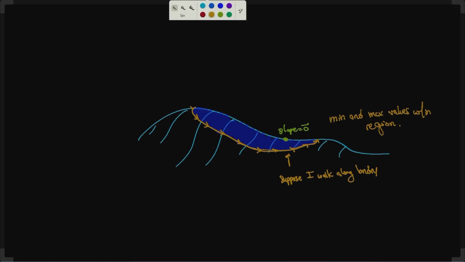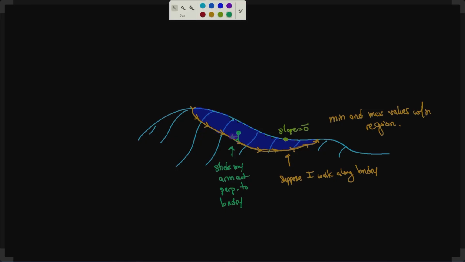And suppose I stick my arm straight out, perpendicular to the boundary. As I'm walking along the boundary, there are going to be a couple specific locations in which my arm, which I am pointing outwards, is pointing exactly in the same direction as the gradient of the mountain itself.